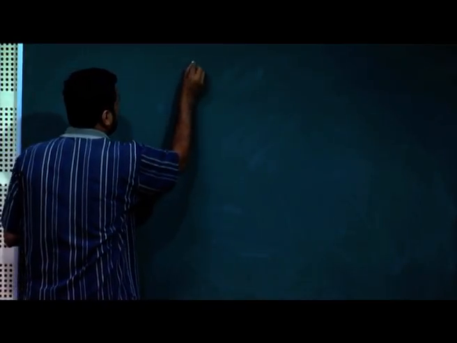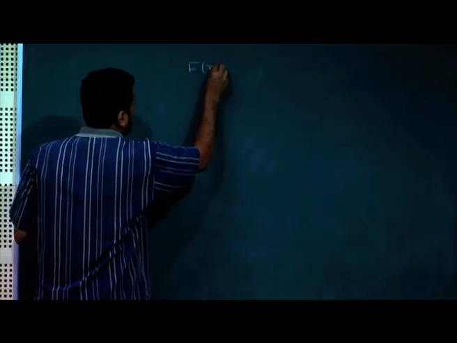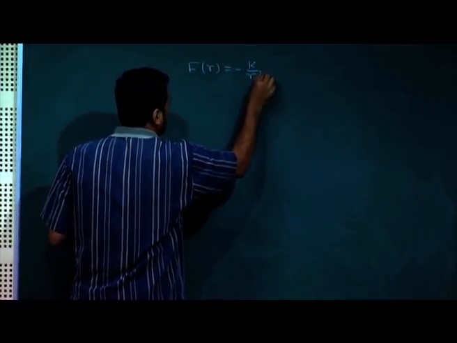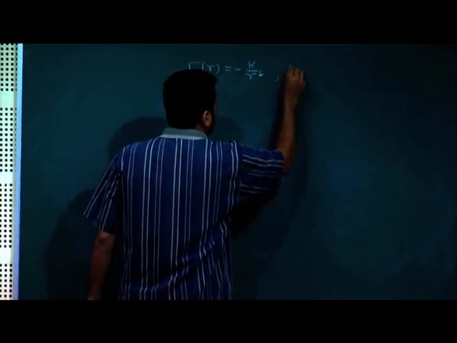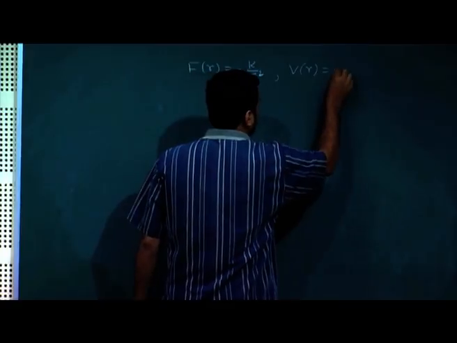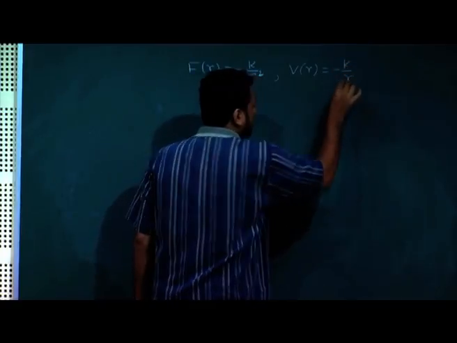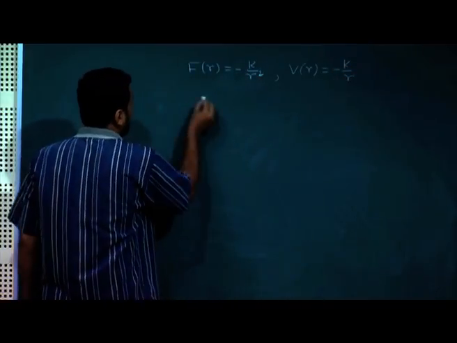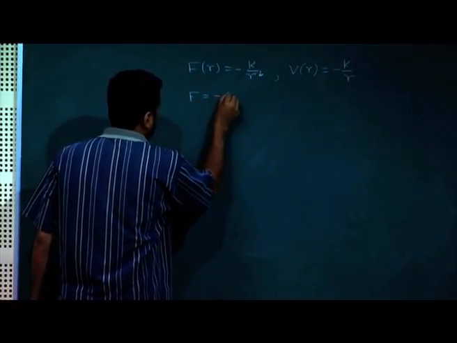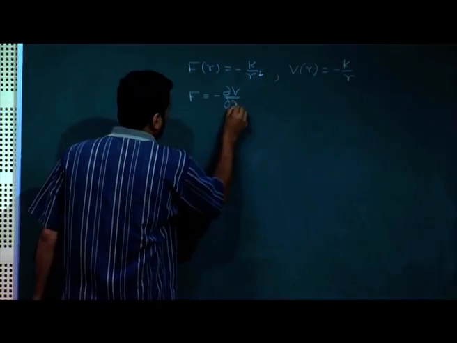Now, in the inverse square force field, we have seen F of r is equal to minus k by r square, and the corresponding potential function V of r is minus k by r, so that F is equal to minus del V del r.